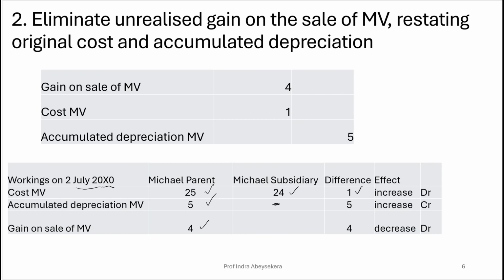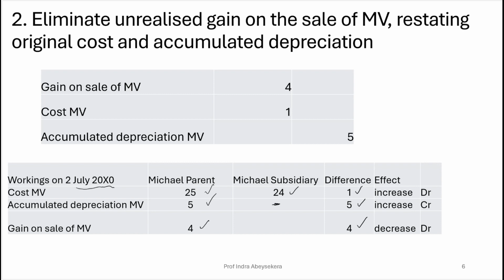And accumulated depreciation is not recorded at all, and we need to increase accumulated depreciation by $5,000. Gain on sale of motor vehicle, there should not be a gain on sale because it's an intragroup transaction, so we need to decrease that gain by $4,000.